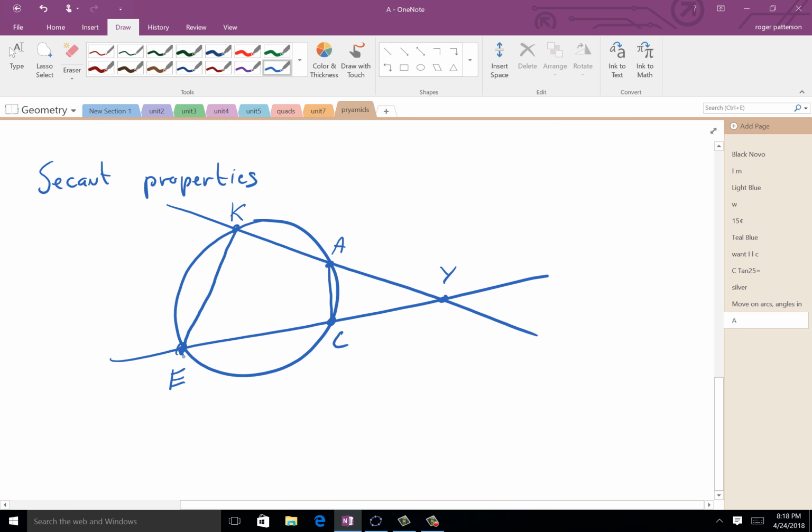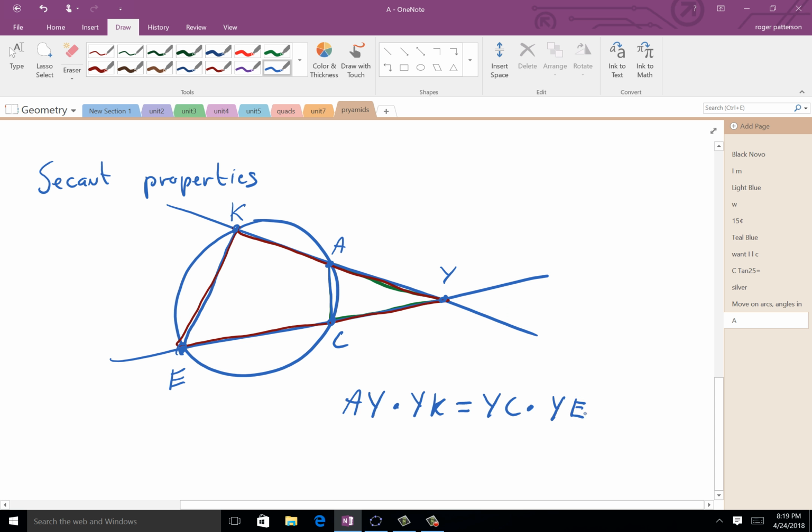We have this triangle here, which turns out to be similar to this triangle here. So what that means is that AY multiplied with YK turns out to be the same as YC multiplied with YE.